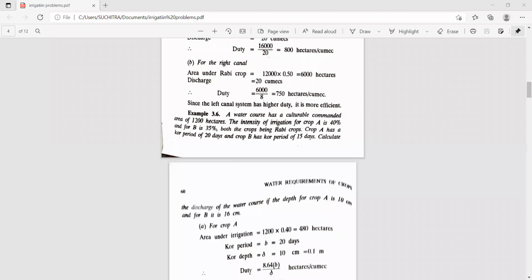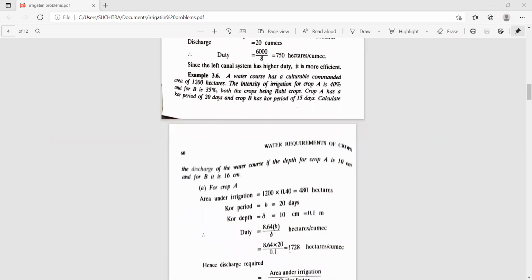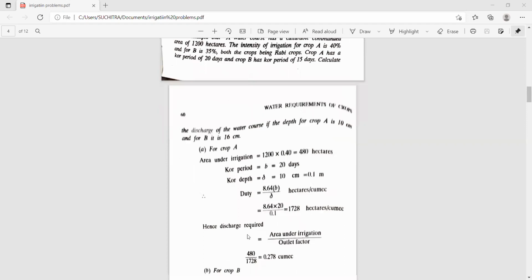Hence the duty for crop A is delta equal to 8.64 B by D, where delta is given, that is 0.1. So you can calculate the duty for crop A, that works out to be 1,728 hectares per cubic.